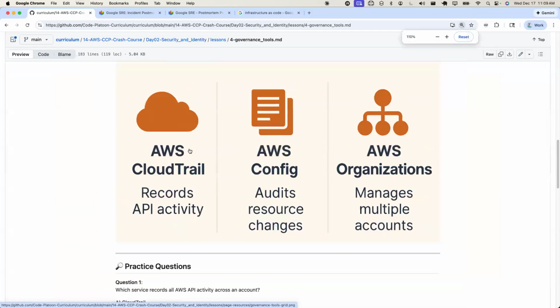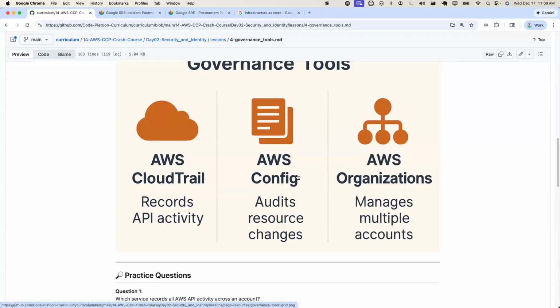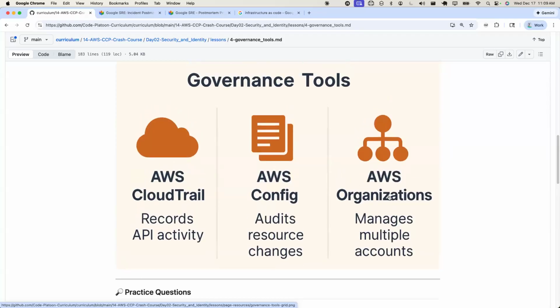So just to summarize, we have CloudTrail for recording API activity, Config for resource changes, and then for multiple accounts, we have AWS Organizations.